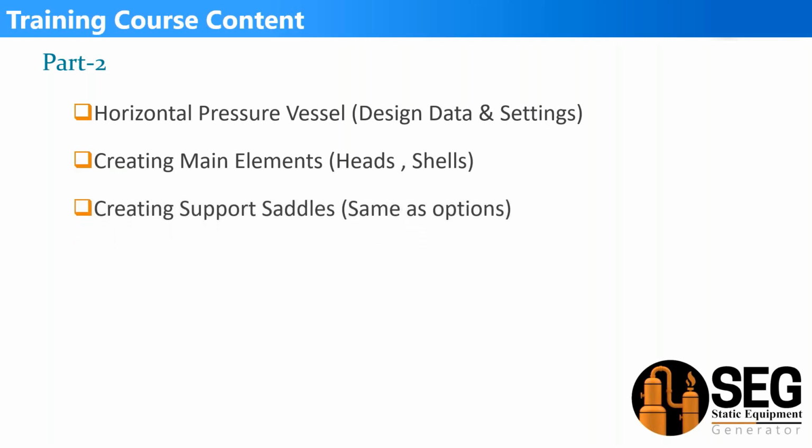Creating a support saddle, how we can create two saddles. They are the same in all dimensions except the location of the saddle, and we will make one of them a sliding saddle. So in this step, we will learn how to use the same-as option.